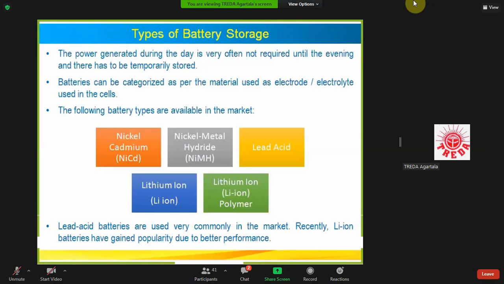As on today, so many types of batteries are available in the market, and as per our requirement and for sustainability, we have to develop our battery technology. The following battery types are available in the market: nickel cadmium battery, nickel metal hydride battery, lead acid battery, lithium ion battery, and lithium ion polymer battery.